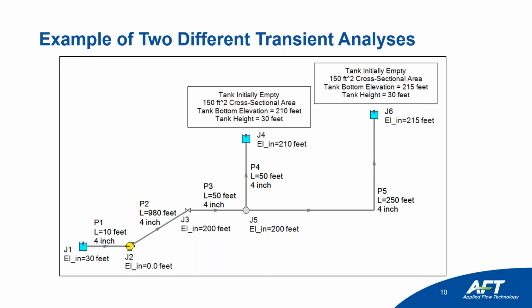What we have here is a situation where I am pumping water to two separate delivery tanks. I've got one tank at a certain elevation, and I have another tank at a different elevation, just to make the model slightly complicated. And my tanks are initially empty, so I'm going to fill up the tanks over time.